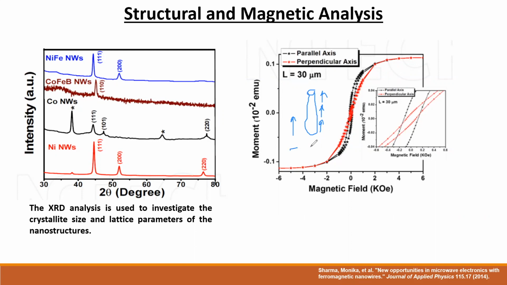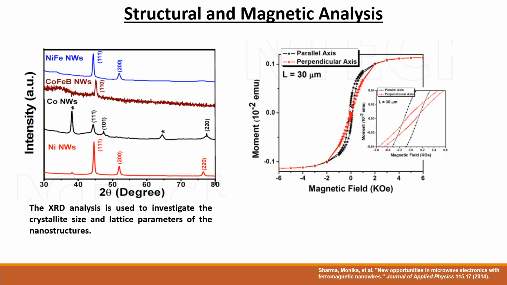But if I apply the magnetic field along the perpendicular direction, then these magnetic moments will have to do work to change their orientation from the easy axis to the perpendicular axis. This change in behavior can be understood from the hysteresis loop. You can see here that the easy axis loop will be more squared as compared to the perpendicular axis.